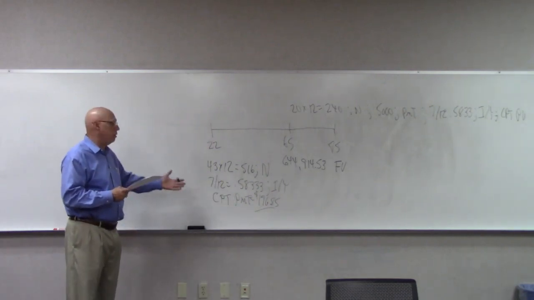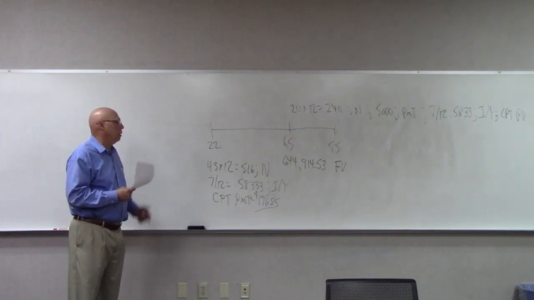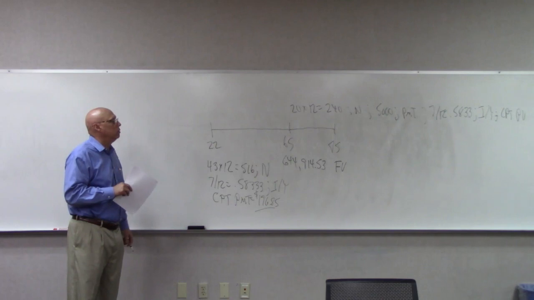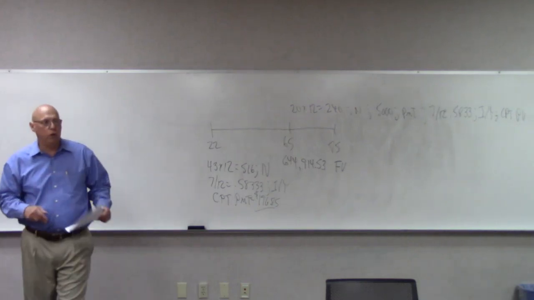So if you save $200 a month for the next 43 years, you'll end up with $644,914.53, and you'll be able to pull 240 payments of $5,000 a month from that portfolio before it runs out of cash.